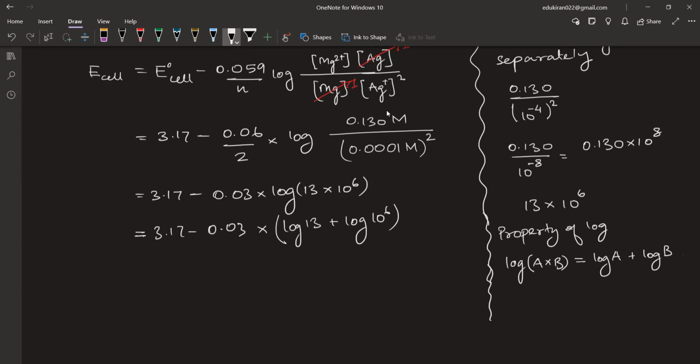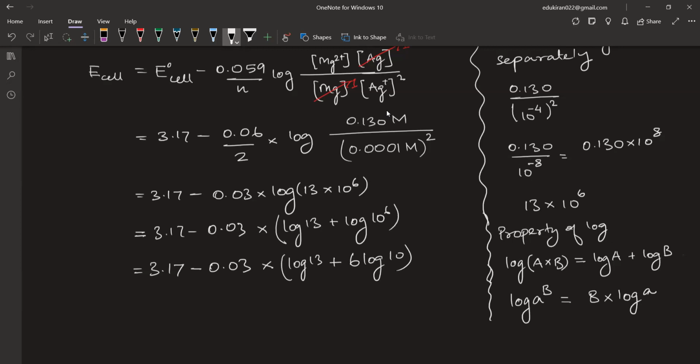Okay. Now there is another property of log. Log A to the power of B is equal to B times log A. So I will write this as 3.17 minus 0.03 into log 13 plus, this will be equal to how much? 6 log 10.